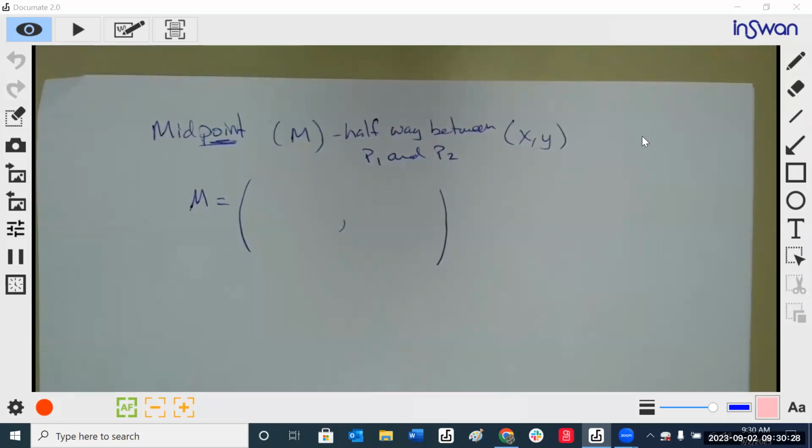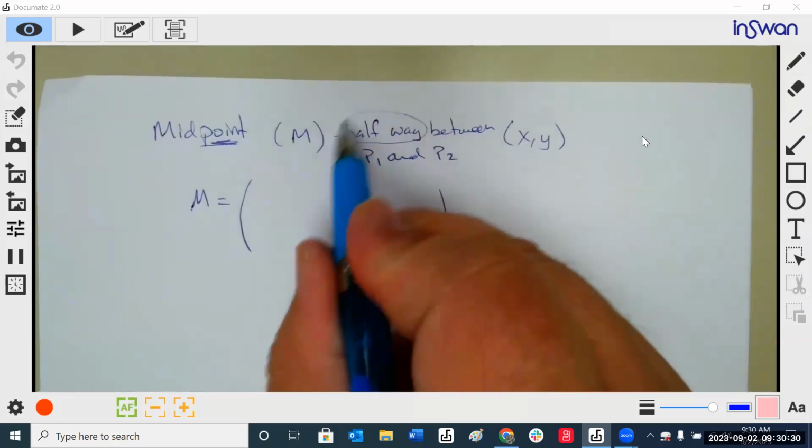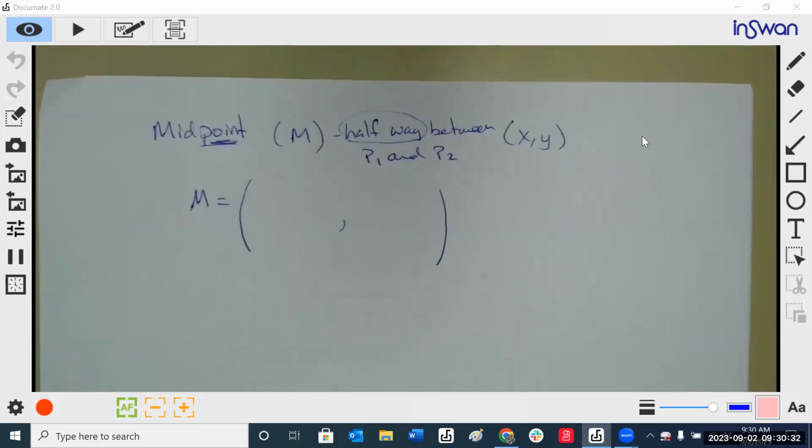How do we find something halfway between 2 points? The distance would give us the length, how far it is. We could find that, yes. But how do we find the number halfway between? Just divide by 2?